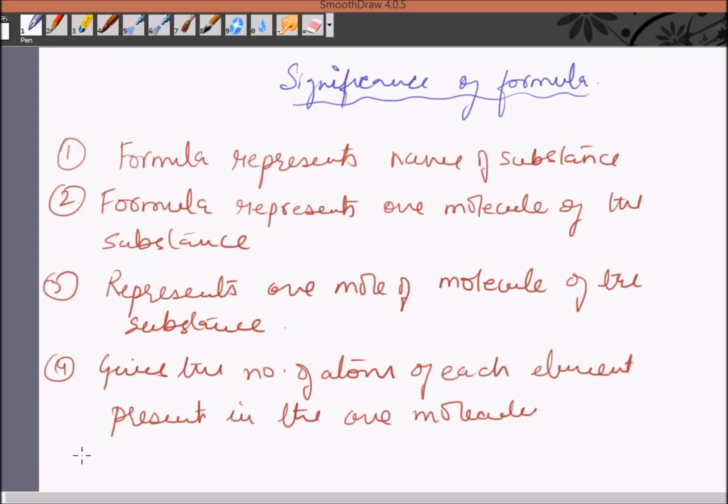So we try to use formulas more than the proper names. Friends, everybody has their nicknames and good names also. Why do we have a nickname? So that we can be called.